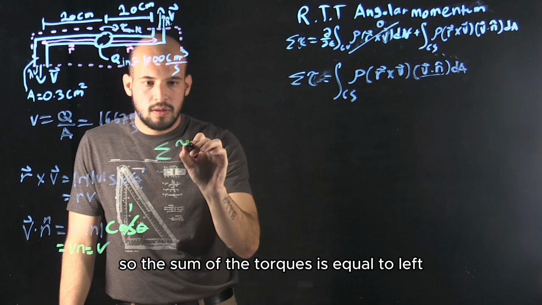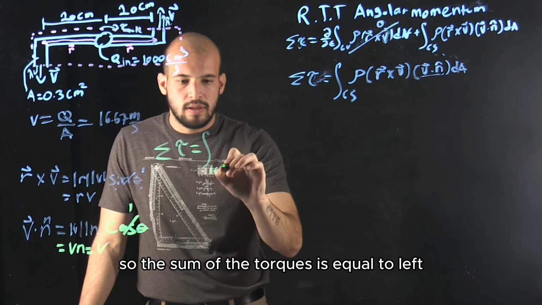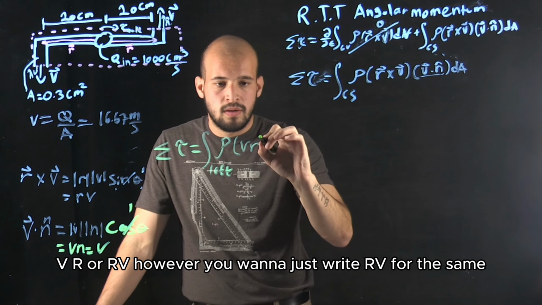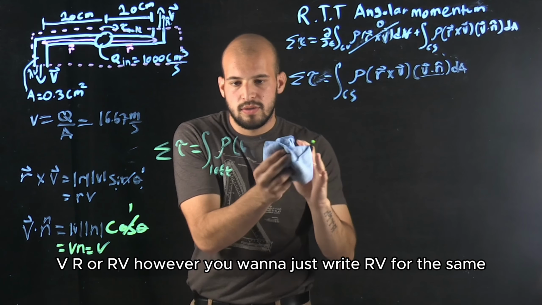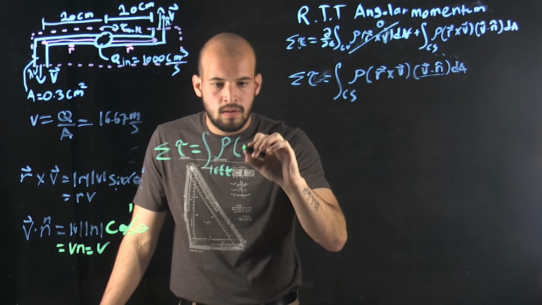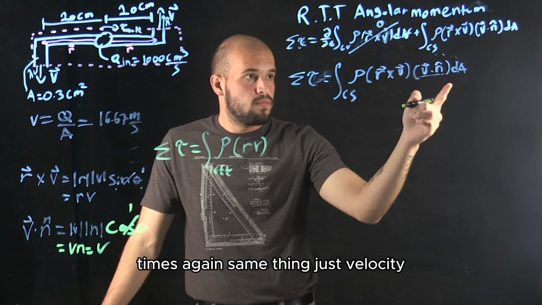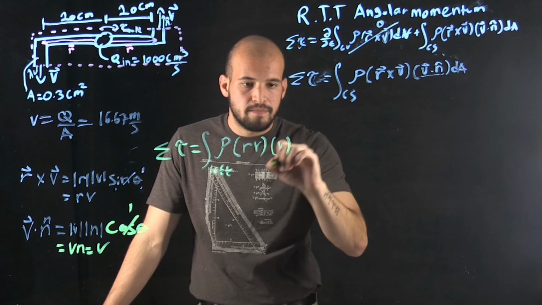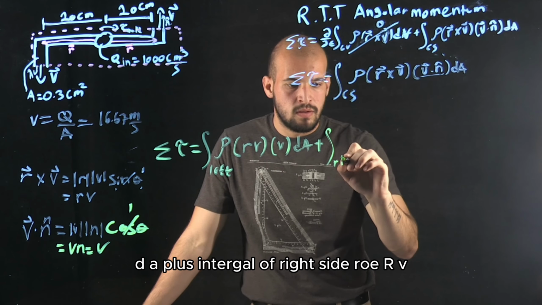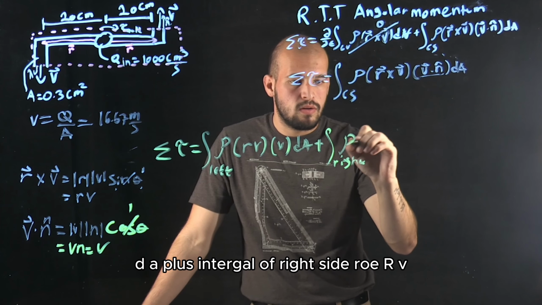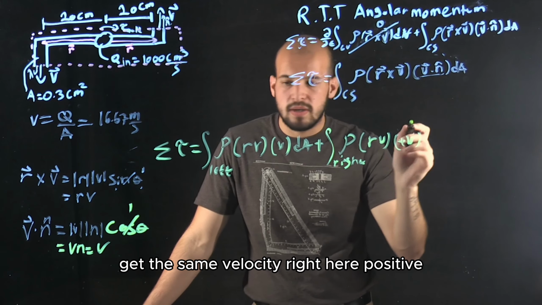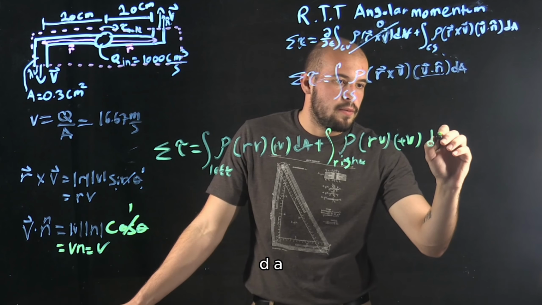So the sum of the torques is equal to the integral of the one on the left, rho Vr, or Rv, however you want to. Let's just write Rv for all the same, times, again, same thing, just velocity, dA, plus the integral of the right side, rho Rv, again the same velocity right here, positive, I forgot to put the positive here, dA.